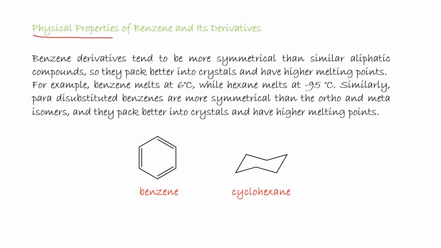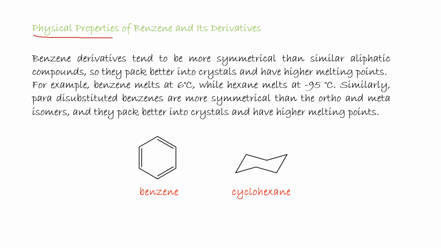Physical properties of benzene and its derivatives. Benzene derivatives tend to be more symmetrical than similar aliphatic compounds. They pack better into crystals and have higher melting points.